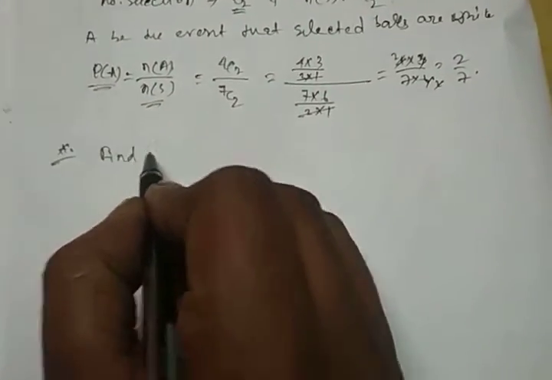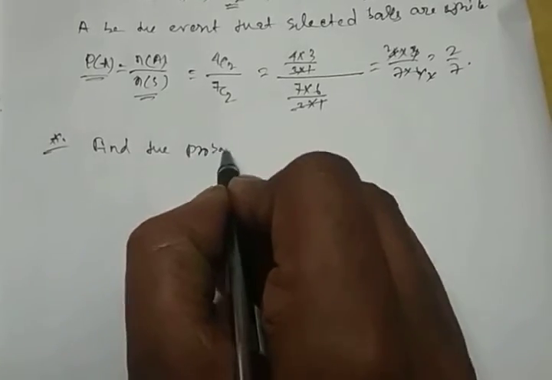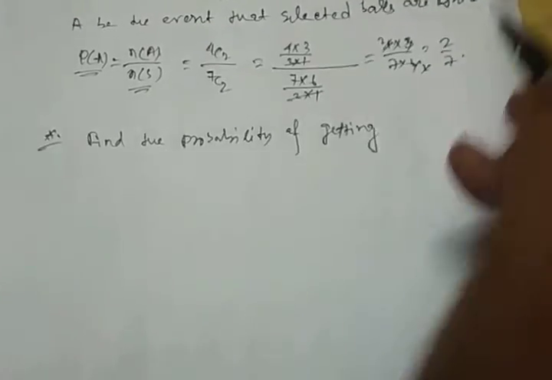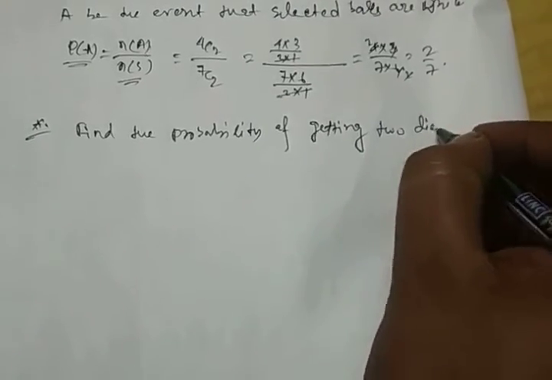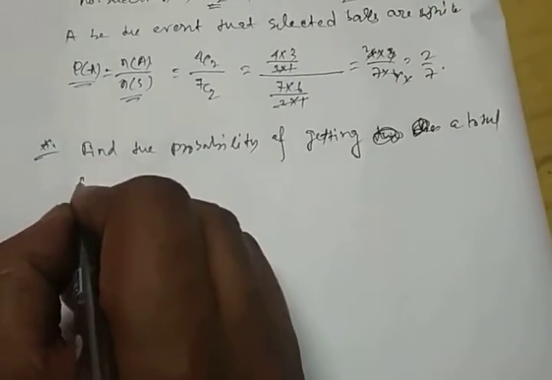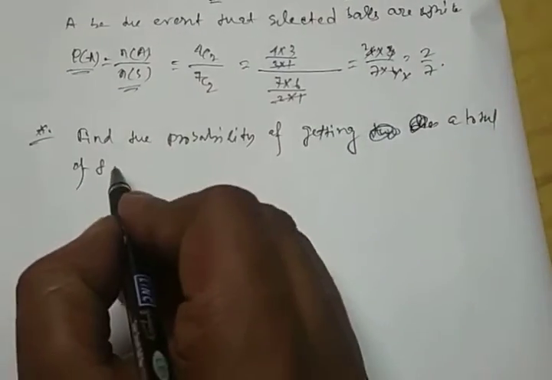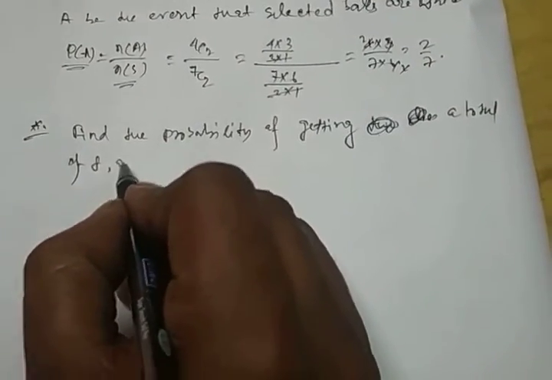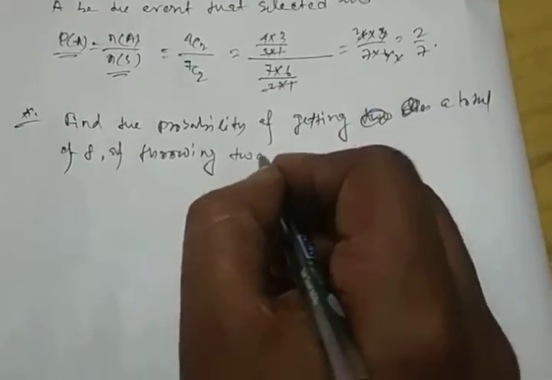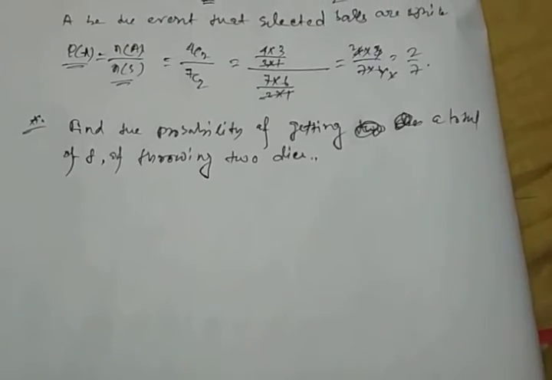Okay, so the example is: find the probability of getting a total of 8 by throwing two dice simultaneously.